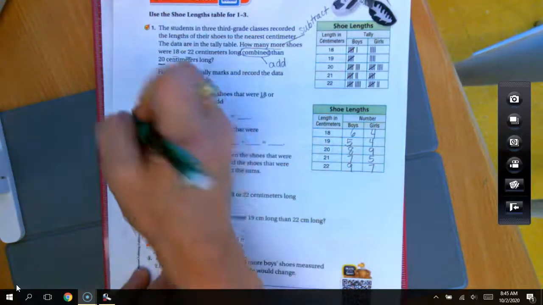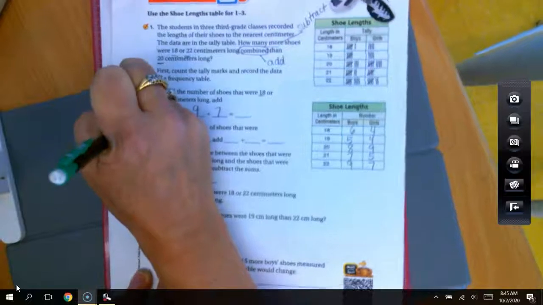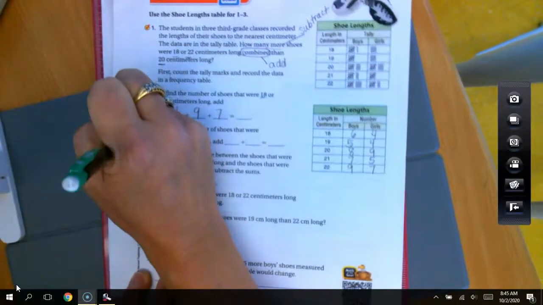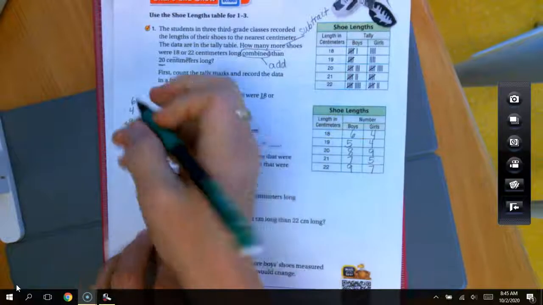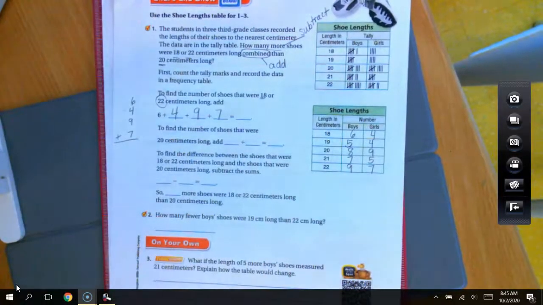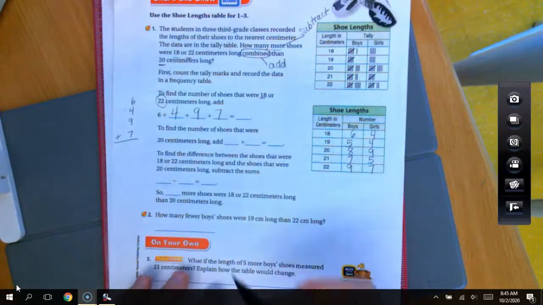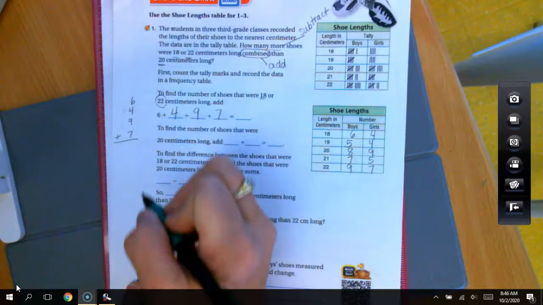Now I need to stack and add. I always like to stack and add. So I have 6 plus 4 plus 9 and 7. You really don't need all these plus signs. Just need one. Okay, now you learned from chapter 1 how to stack these numbers and add them. And we learned from the associative property that I can combine numbers to make it easier.